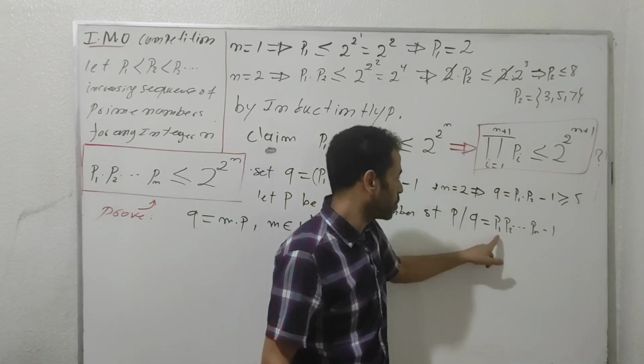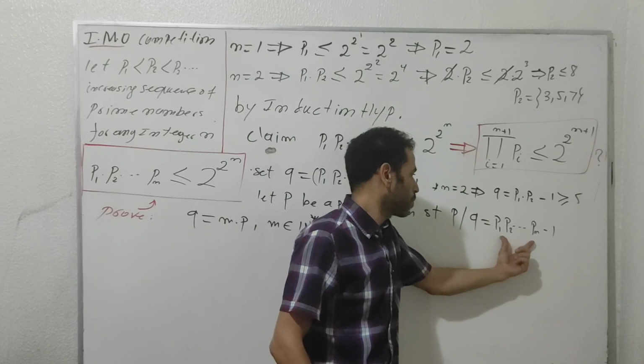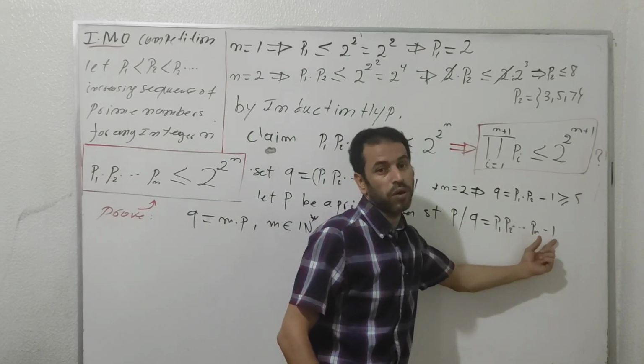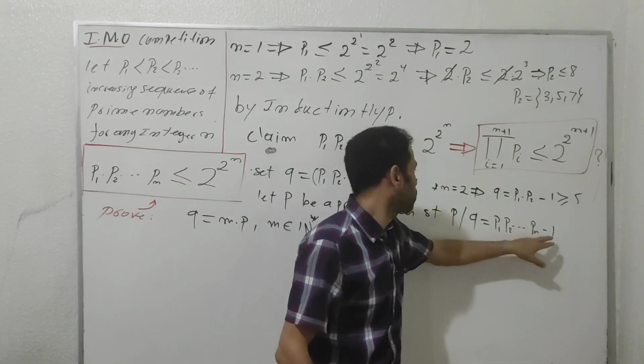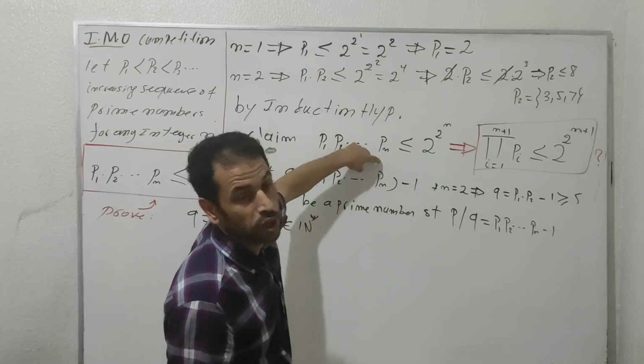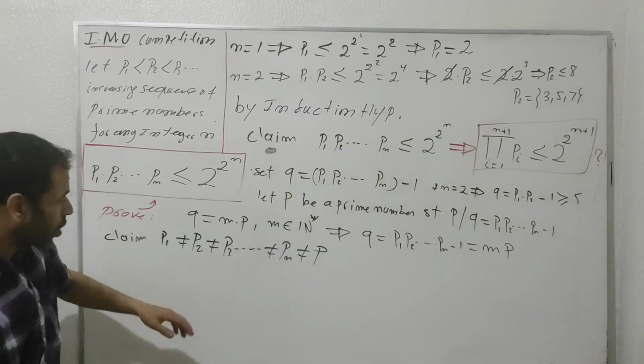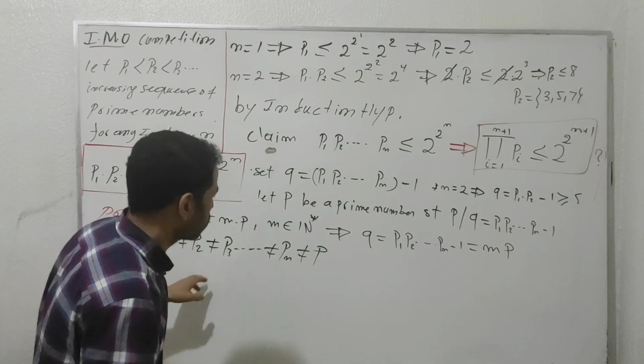We didn't say this product P1 through P sub n plus 1, because if we did, we would automatically be outside of this group. So I'm going to prove this P is outside of this group.